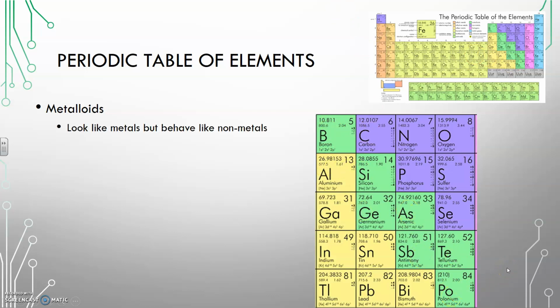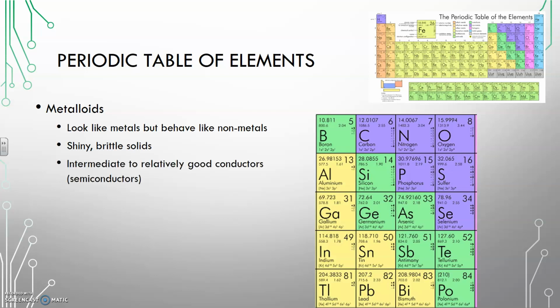Okay, so metalloids, again, will look like metals, but they have several non-metal behaviors. Generally they are shiny, brittle solids, and they are semiconductors, so they are relatively good conductors, but they're not that great at it.